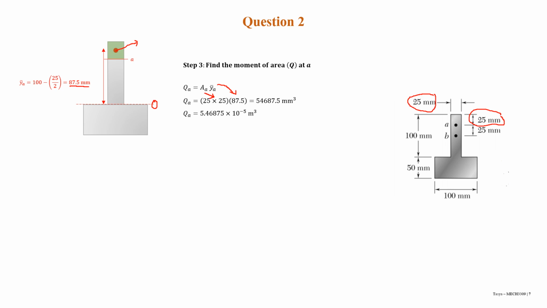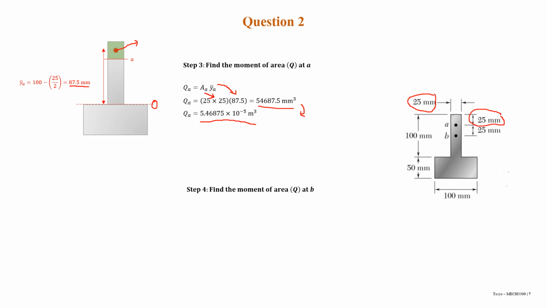After multiplying those numbers, we obtain the value of QA is 54,687.5 millimeter cube. However, since we are going to deal with meter dimension, we need to convert that into meter, and we obtain the value of QA is 5.46875 times 10 to the power of minus 5 meter cubic. So that's all for the moment of area at A.